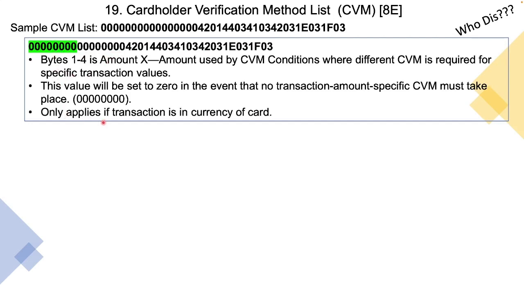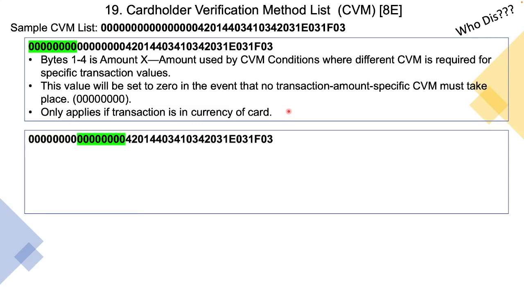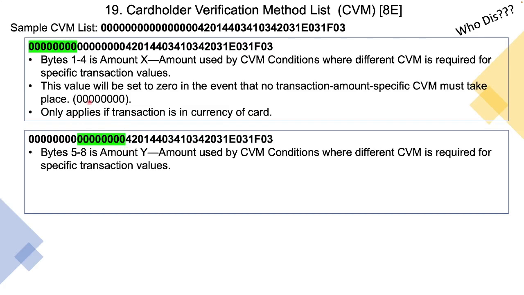Amount X only applies if the transaction is in the currency of the card, so it's only valid for domestic transactions. The next 4 bytes is called amount Y, and it's very similar to amount X. It's got the same principle. This is bytes 5 to 8. Like amount X, you can use this to set a transaction value where you'd want some sort of different CVM processing to take place.